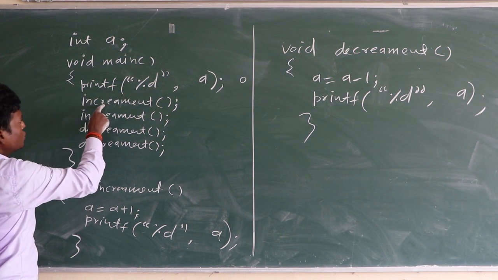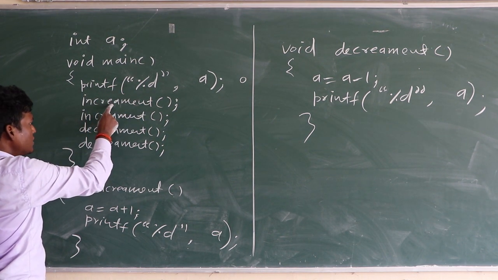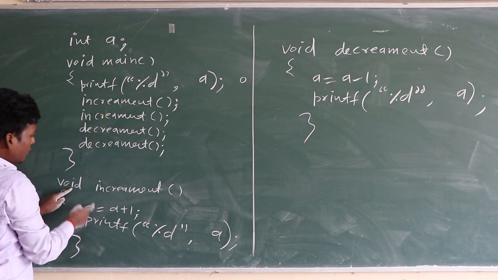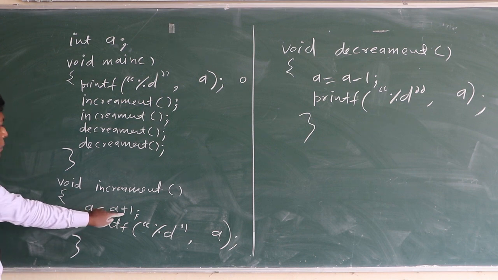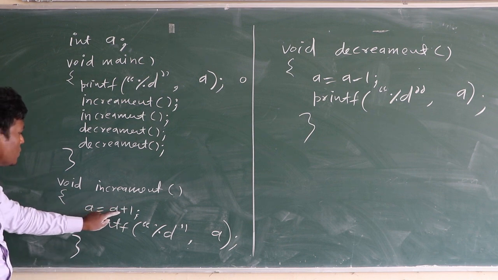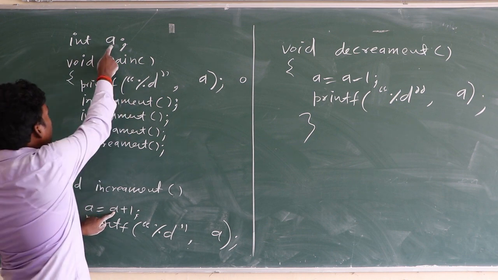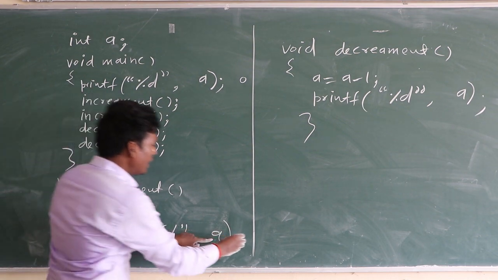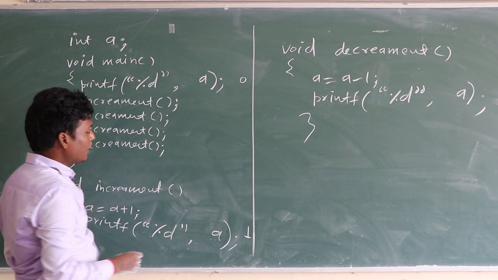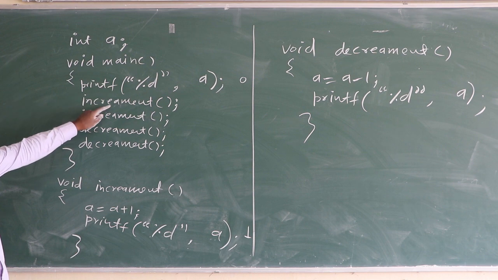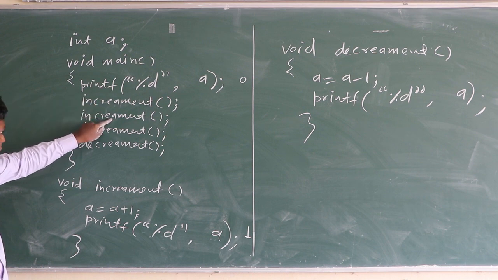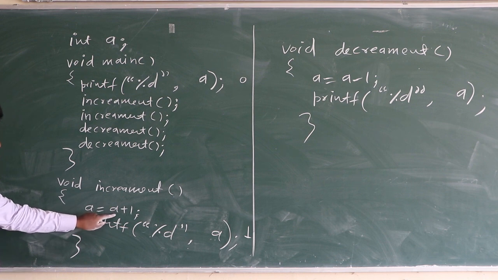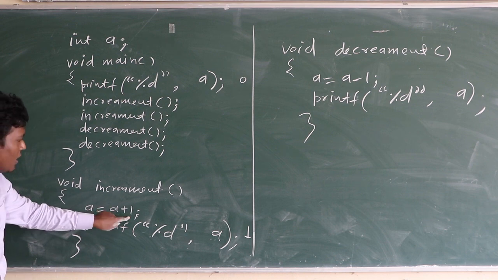When control comes to the increment function, it is directed to where it is defined: a equal to a plus 1. The value of a is 0 by default, 0 plus 1 is 1, so 1 is printed. Again when control comes to increment, the value is incremented further, 1 plus 1, 2.